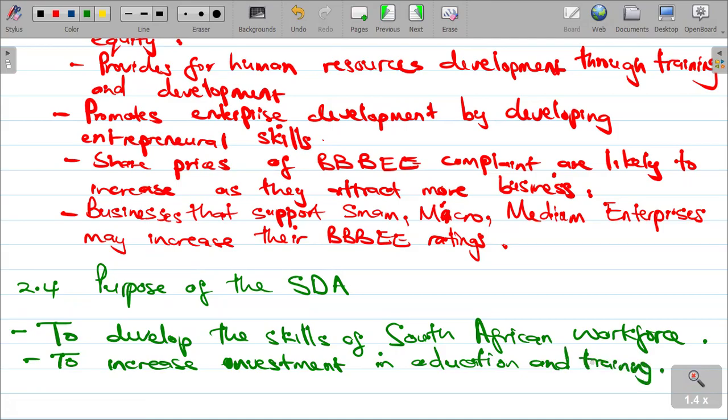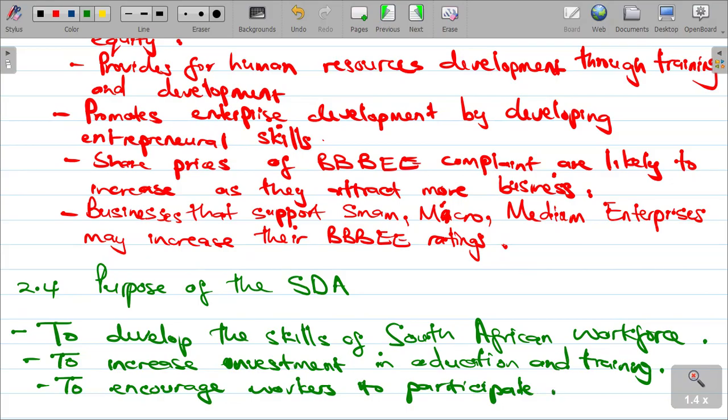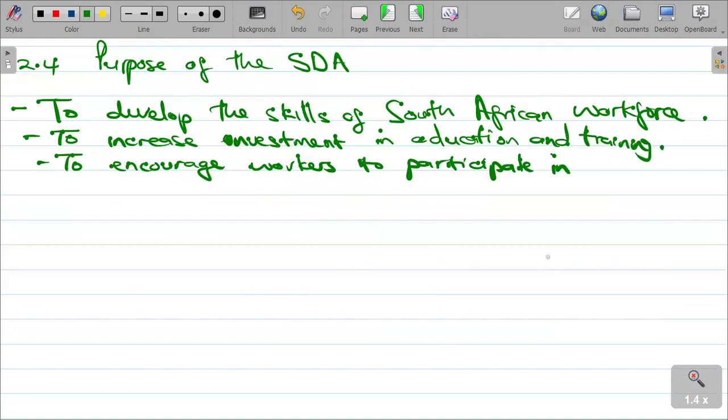It also wanted to encourage workers to participate in learnership and training programs.